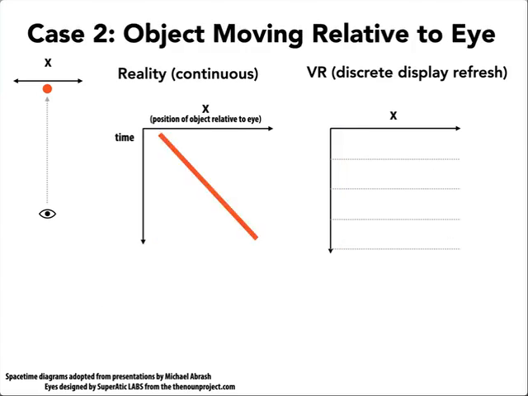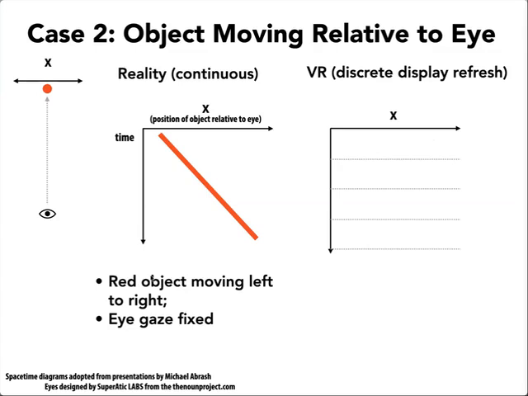Now, what happens if the object is moving relative to the eye? In this case, the X position is changing, the eye is looking in one location, and the red ball is moving from left to right while the eye gaze is fixed. What happens in VR though? We sample the location of the red ball at the sampling time for frame 0, and we draw it on the screen.